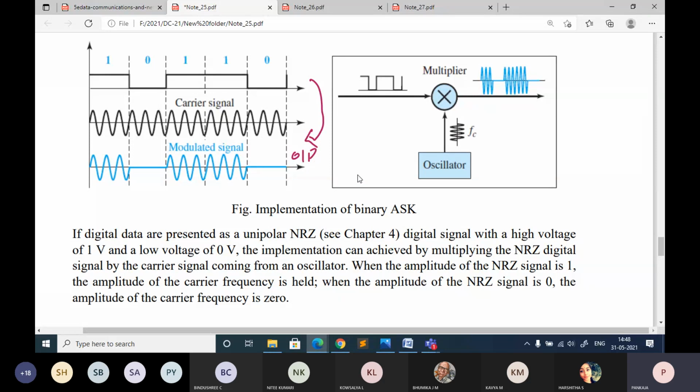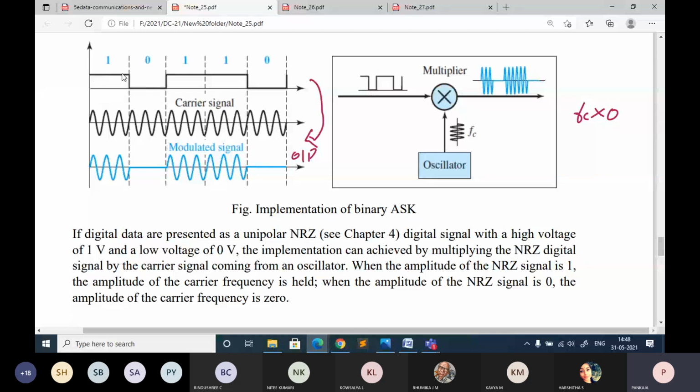Then what is the circuit or hardware component it requires? You can just observe. This is the actual data. Here it has the oscillator. This oscillator is going to generate the high frequency. The high frequency that comes is multiplied with the digital signal. Whenever you multiply the high frequency FC with 0, just try to understand here.